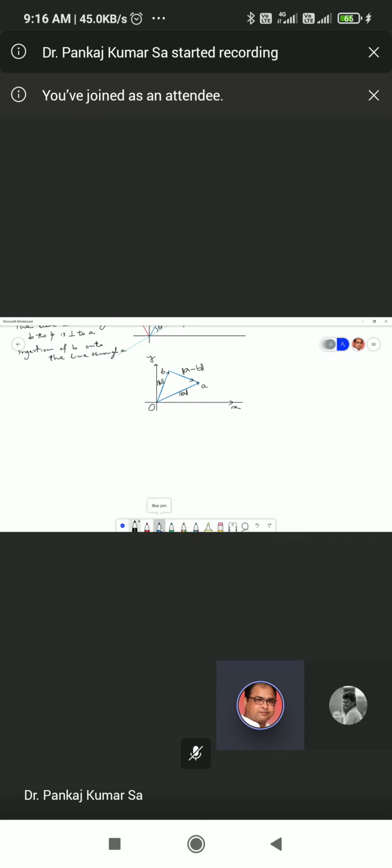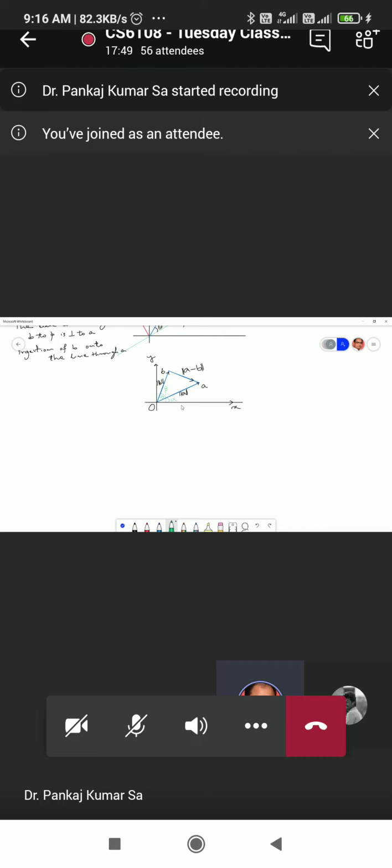And let us assume that it subtends an angle alpha. It subtends an angle beta. And this is equal to theta. Clearly theta is equal to beta minus alpha.